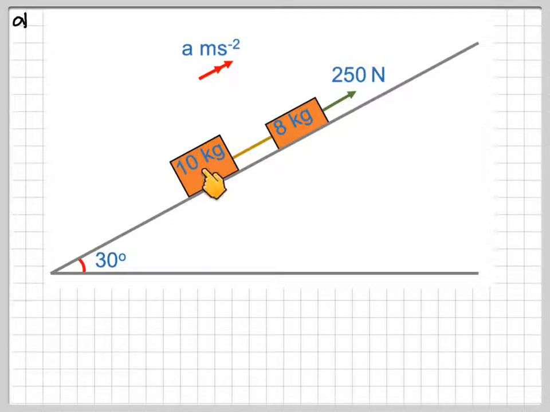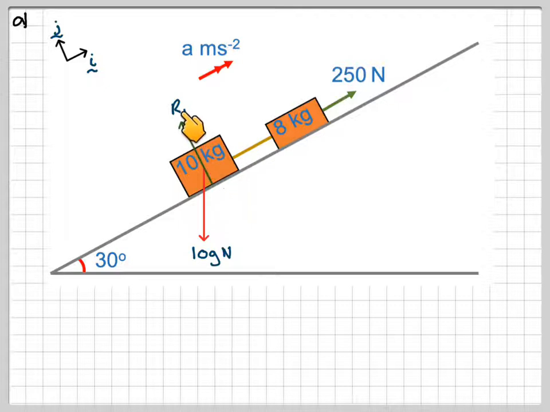So we'll just start with the 10 kilogram block. We'll introduce an I and a J system. For the 10 kilogram block, we have the weight acting downwards, which is 10g newtons, and then we will have a normal reaction, which we'll call R1.